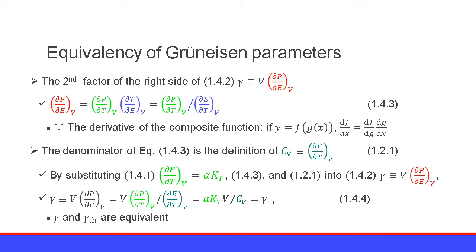Here I show the equivalency of the Grüneisen parameter gamma and the thermodynamic Grüneisen parameter gamma Th.